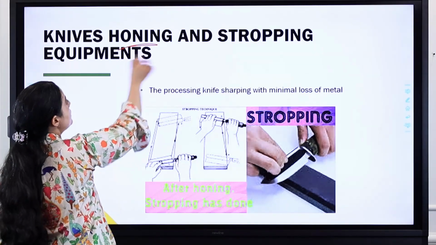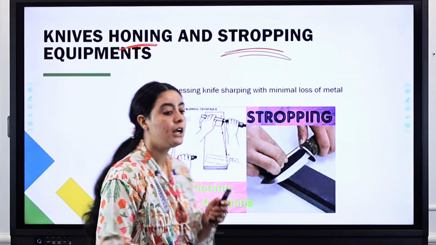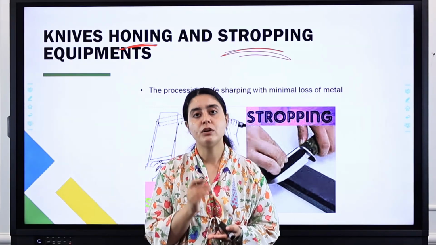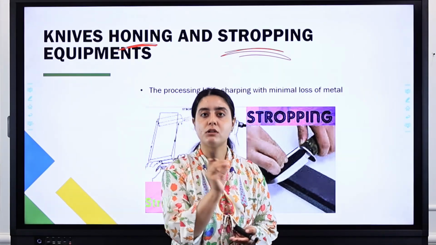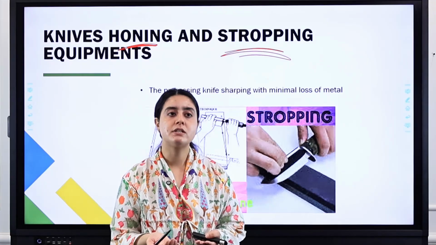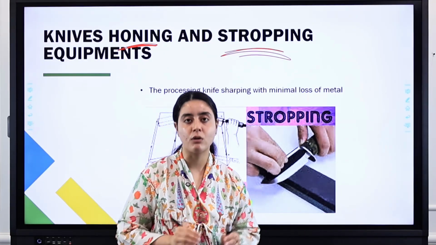See, knives, honing, and stropping equipment. Listen students, it is not necessary that all the time in the histopathology lab we only receive a liquid sample or small tissue samples. Sometimes we receive a whole organ as a specimen, like the liver or uterus.